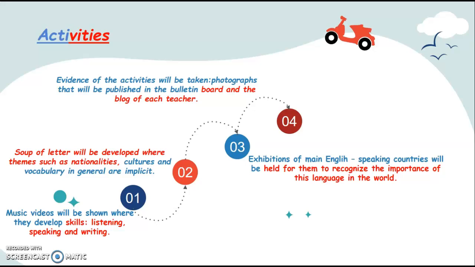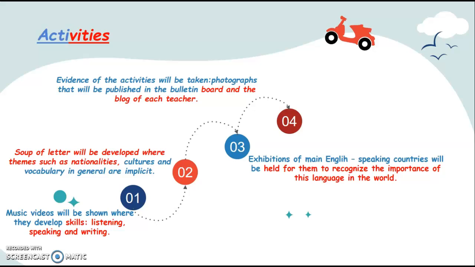Activities. First, a music video will be shown where students develop listening, speaking, and writing skills. Second, a letter soup will be developed where themes such as nationalities, cultures, and vocabulary in general are implicit.